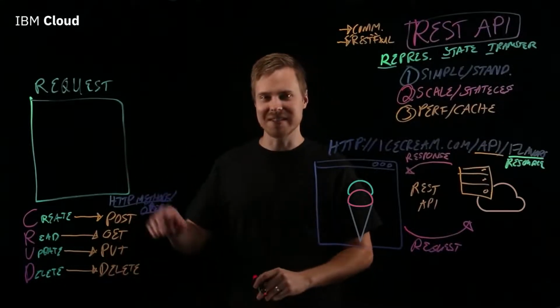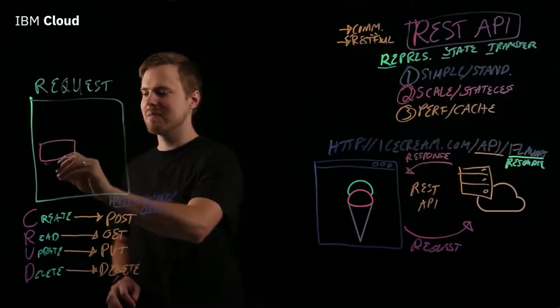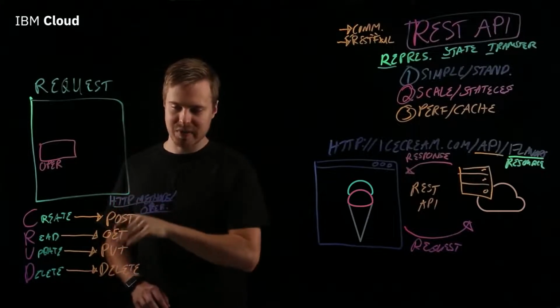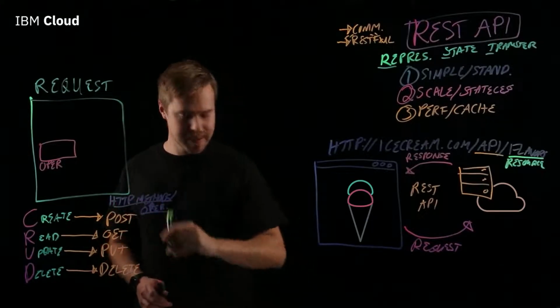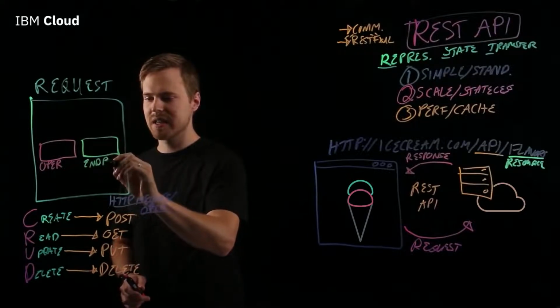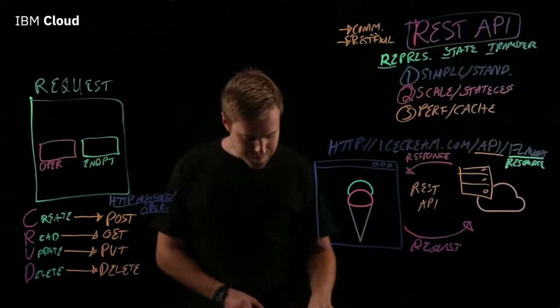So how about a request itself? What are some of the pieces of it? So first of all, you might have an operation. That's kind of what we just talked about here with the HTTP methods. You might have an endpoint, which is what we just talked about over here. This is your REST API endpoint.